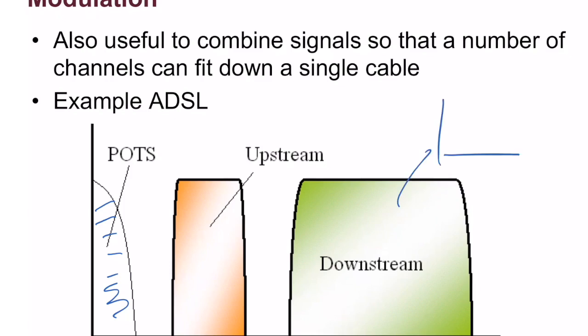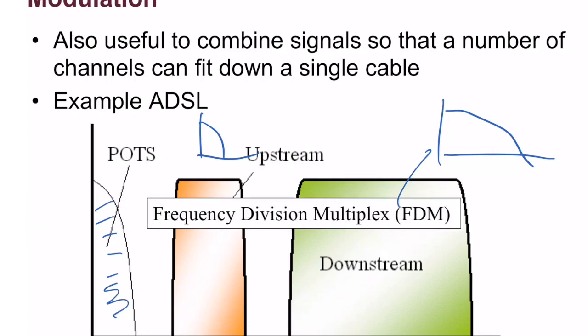When they started out, all of these will have been baseband signals, but 2 of them are translated up to higher frequencies so that they can be transmitted at the same time. And so this is called a frequency division multiplex or a frequency division duplex. We use duplex because they're going in different directions.